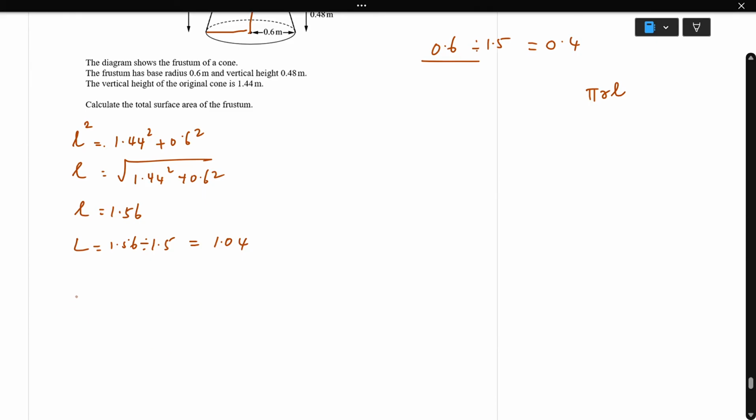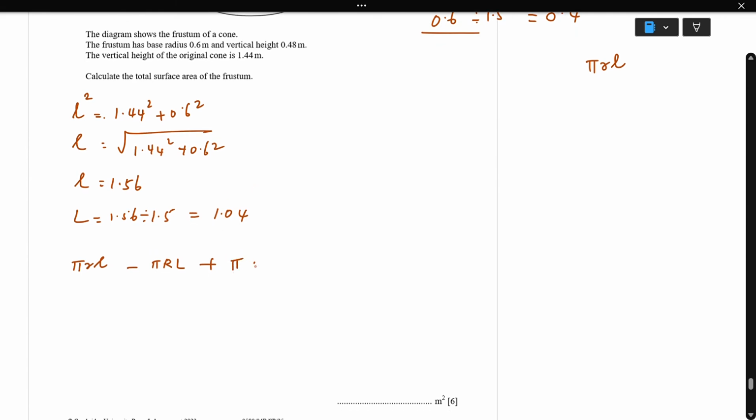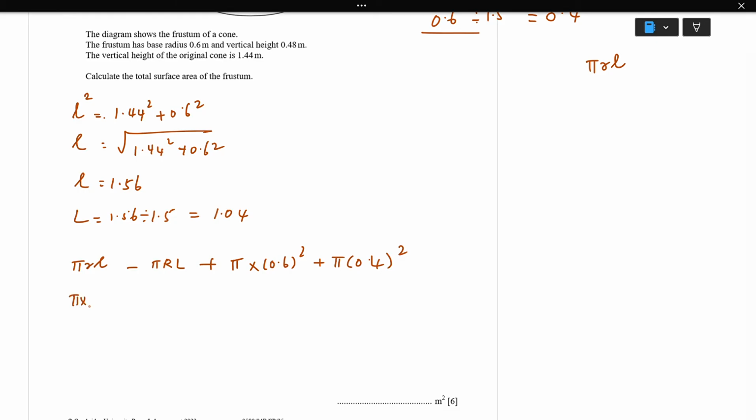Now the big cone's curved surface area is pi R L, minus the top one, pi r l, plus the base area and the top circle area, which is pi R squared plus pi r squared. So we substitute pi times 0.6, the big cone radius, times the slant height 1.56, minus pi times the small radius 0.4 times 1.04, plus pi times 0.6 squared plus pi times 0.4 squared.